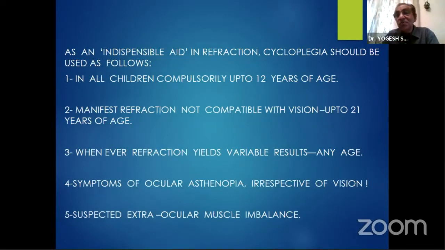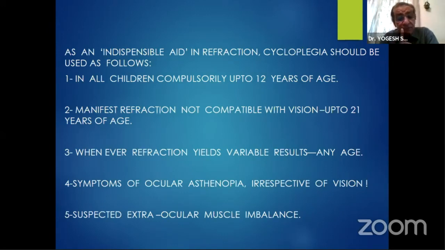So you must always, in any symptom, even the vision is 6/6, because most of the time we see 6/6 and tell them that it is fine. Your headache is due to your CNS problem, or your vertebral problem, and go to that doctor, go to neurologist, go to ENT. No, for God's sake, please do a proper cycloplegic refraction in these patients.